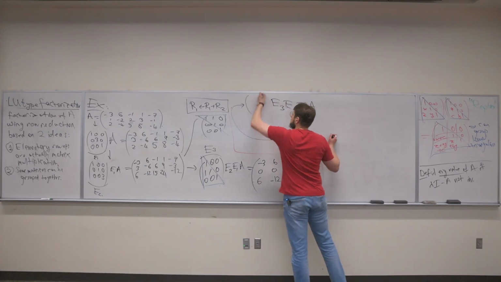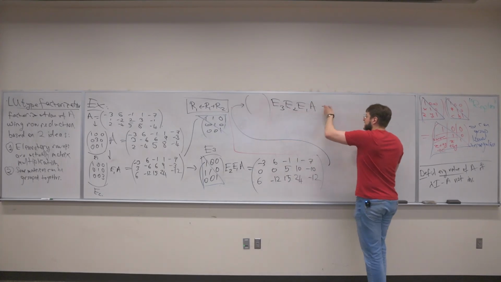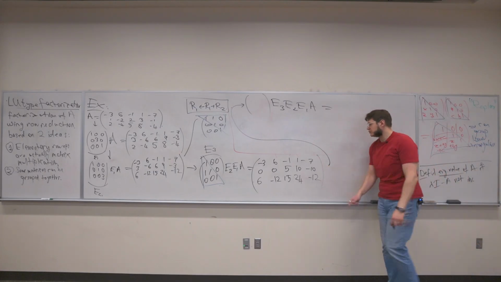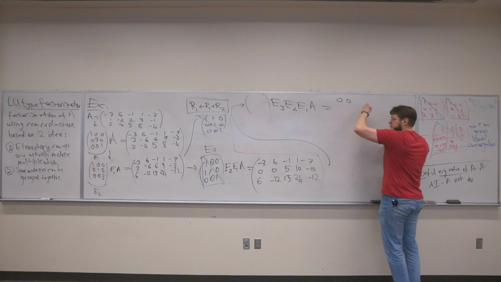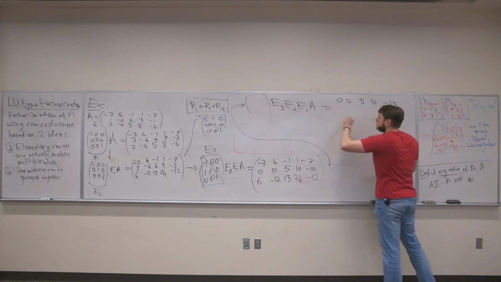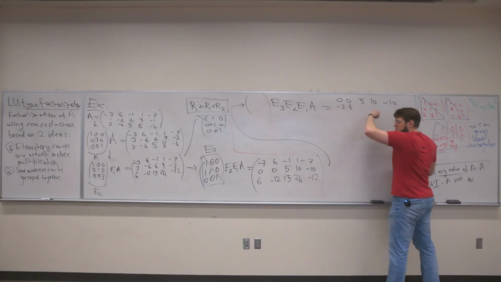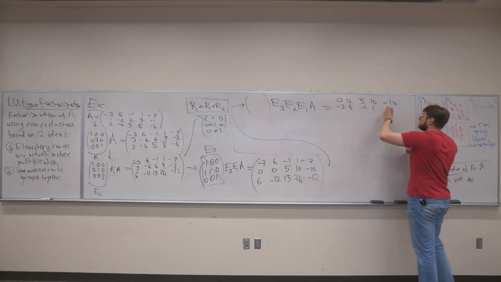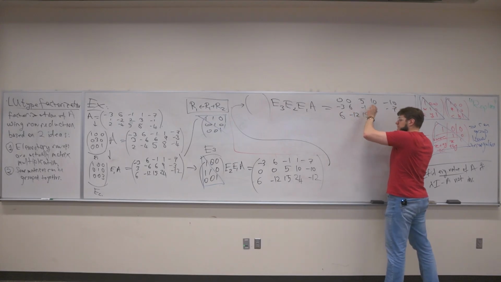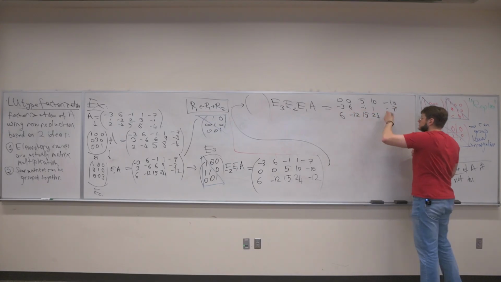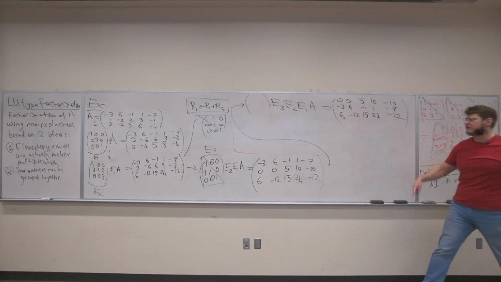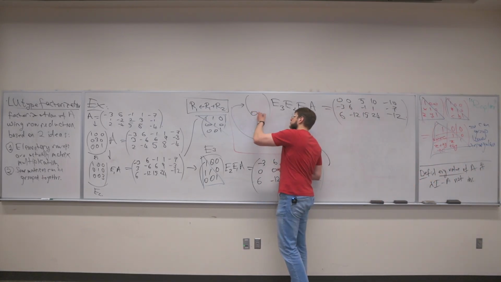I have this here, and then I'm going to have a 3 by 3, and then I want the end result to be first row this, second row this, third row this, for instance. So 0, 0, 5, 10, minus 10, minus 3, 6, minus 1, 1, minus 7, and then 6, minus 12, 15, 24, minus 12. I'm not going to do anything with the third row, which means that here I'm going to have 0, 0, 1.